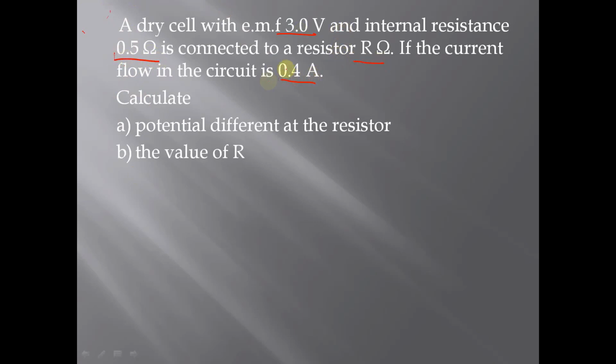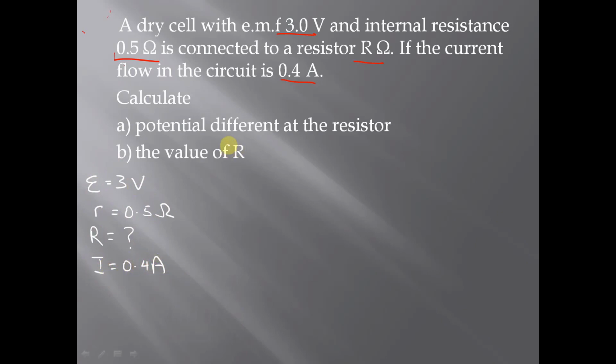The current flow is 0.4 ampere. The information given here is very clear. First, the EMF is equal to 3 volt. The internal resistance small r is 0.5 ohm. The external we don't know the value, so it doesn't matter. The current flow I equals 0.4 ampere.